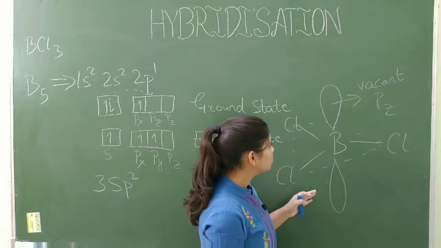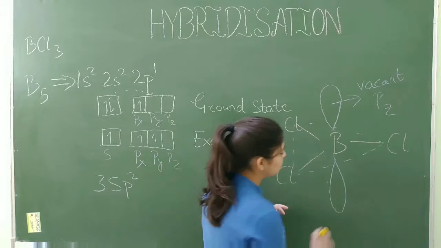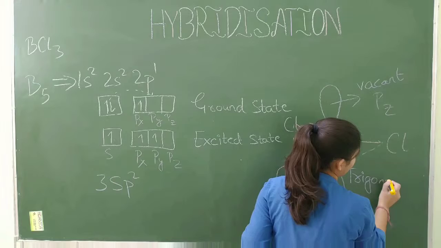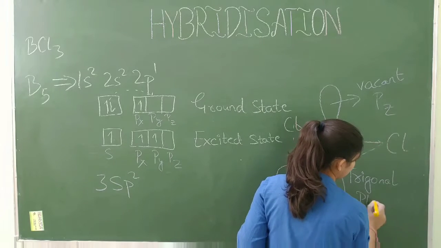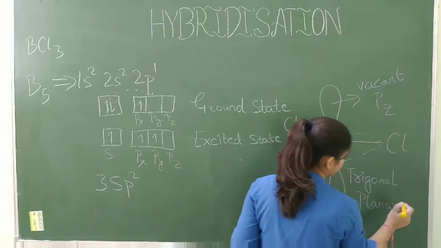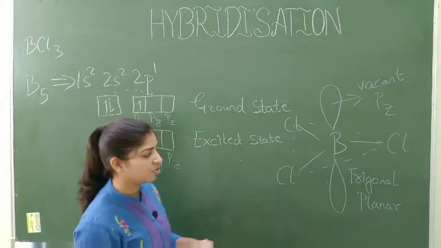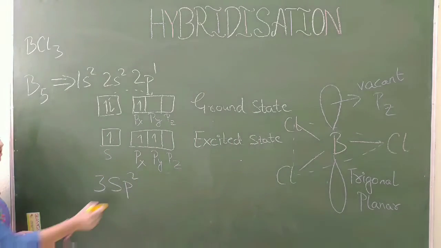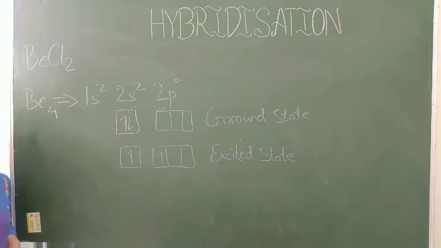Okay, so this is the trigonal planar geometry. So hybridization is sp2.